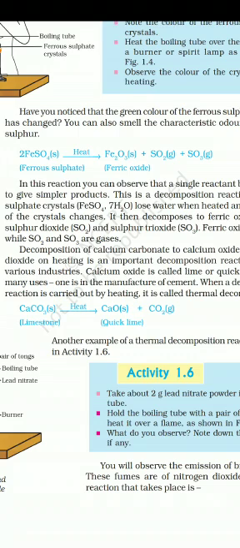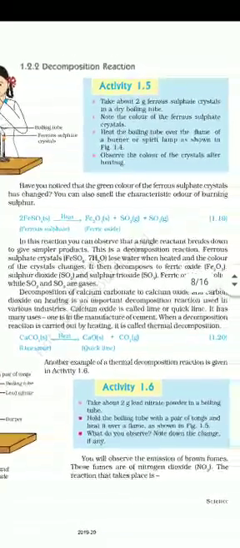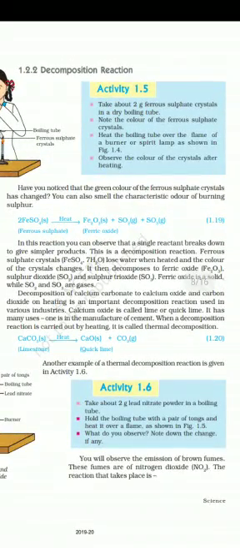Ferrous valency is +2. Ferric valency is +3. Fe has variable valency. Then we have oxides of sulfur, sulfur dioxide and sulfur trioxide. In this reaction, you can observe that a single reactant breaks down to give simpler products.